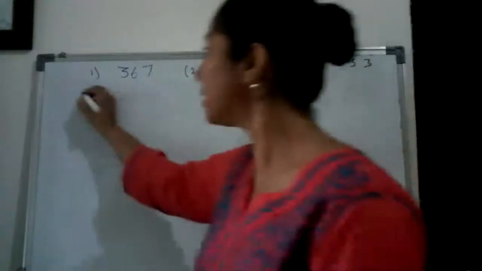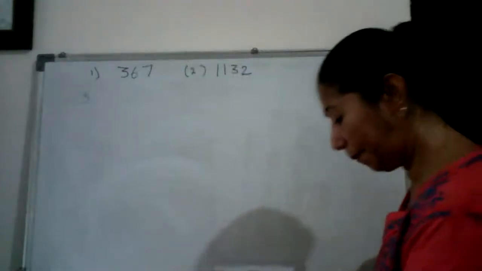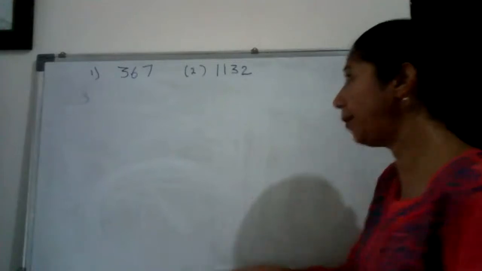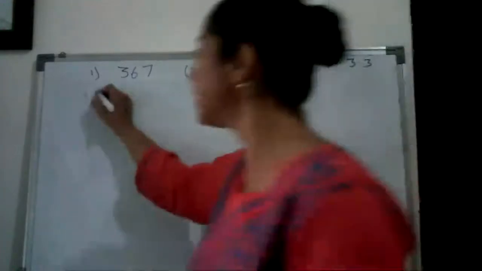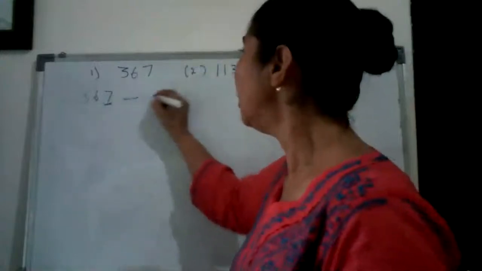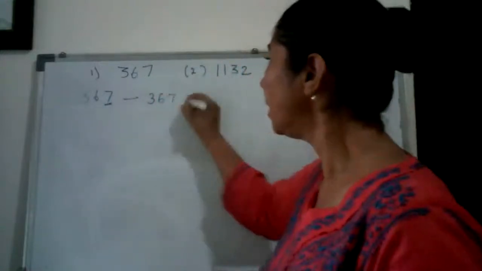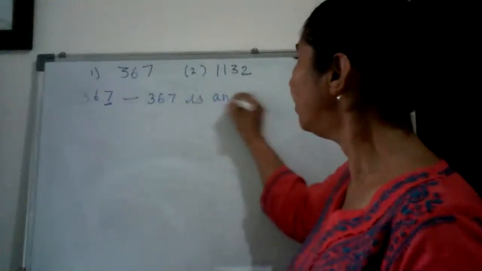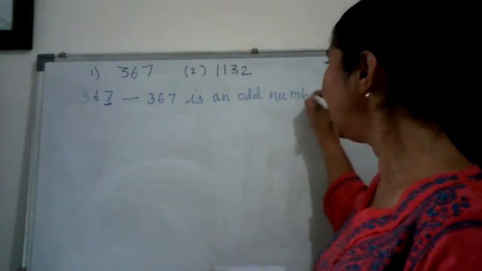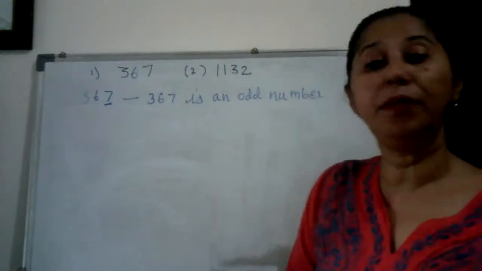If I take the first one, 367, which type of number is it? The unit digit is 7. So you write here that 367 is an odd number, and you know that an odd number is not divisible by 2.